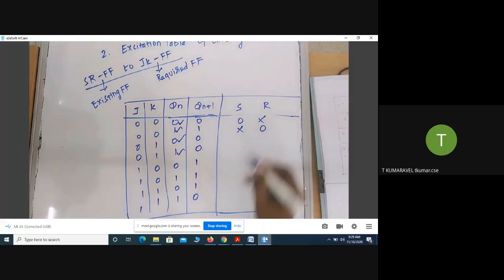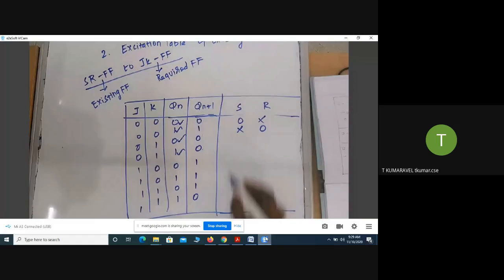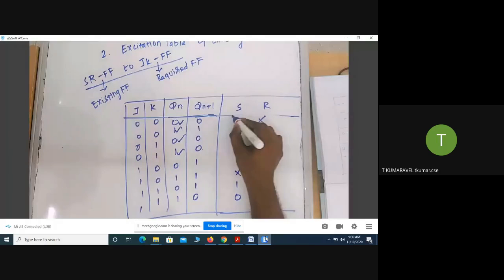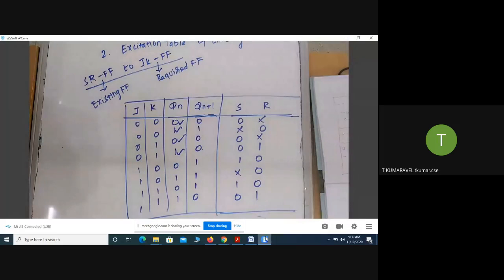Again 0 0 is 0 X; 1 0 is 0 1; 1 0 1 1 0 1; 1 1 is X 0; 0 1 is 1 0; the last one, 1 0 1, is 0 1. This is the excitation table for SR flip-flop. Can you understand or not?